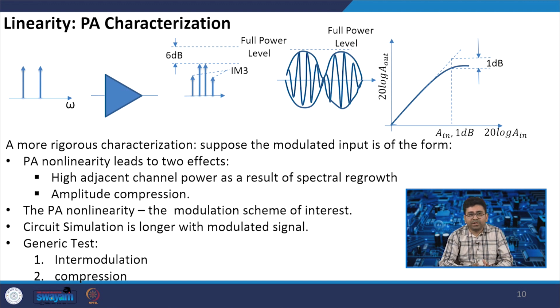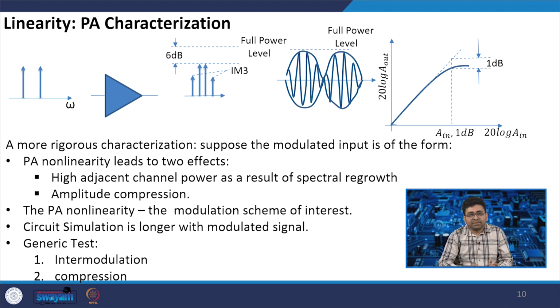So, because of this amplitude compression and the spectral regrowth introduced by the power amplifier non-linearity, our power amplifier should be as linear as possible, and power amplifier linearity is directly related to the modulation scheme that we are interested in. Non-linearity of the power amplifier, if we are using amplitude modulation, will distort our signal and it will be very difficult to recover the same signal which is transmitted.